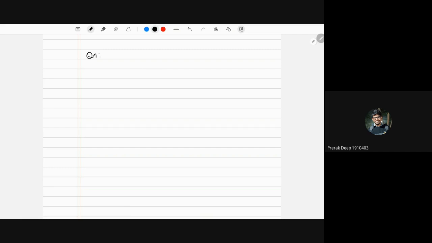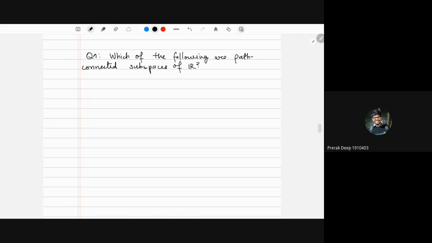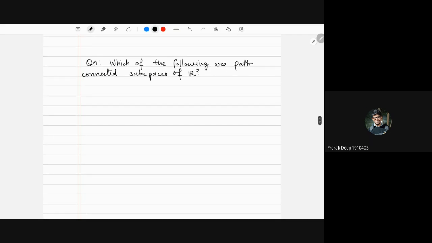Question number one is: which of the following are path connected subspaces of R?